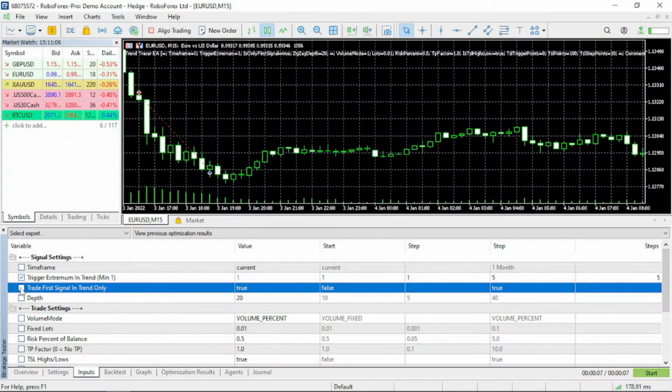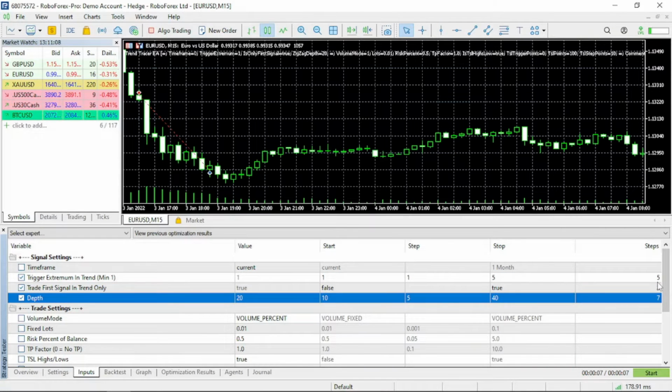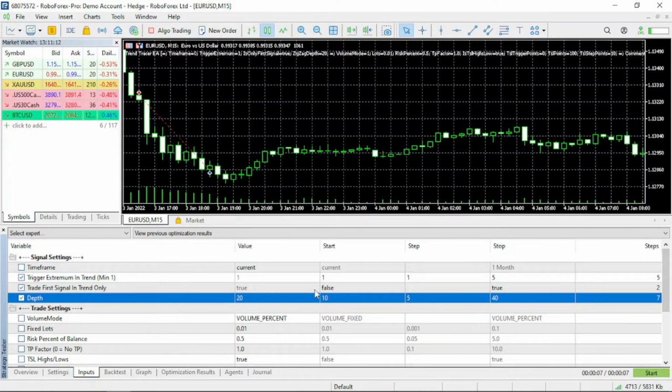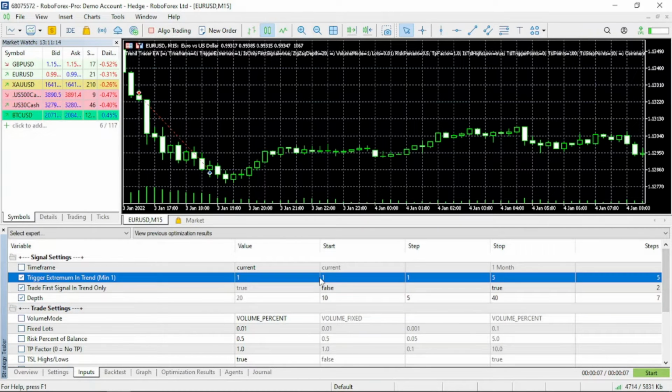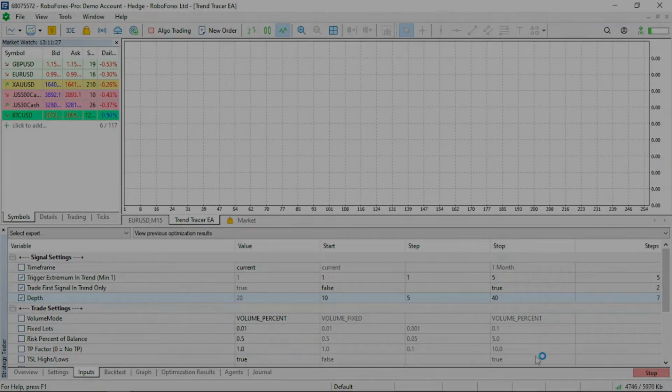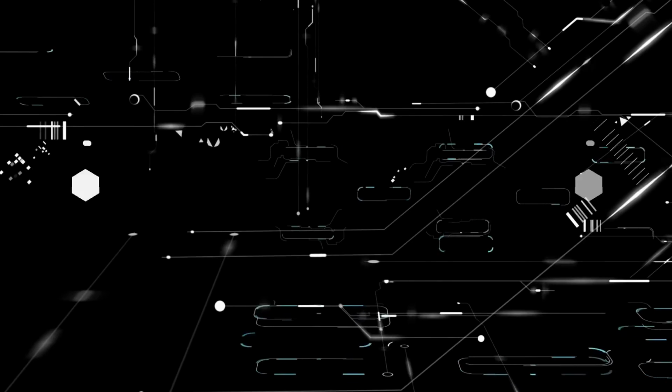Next, I am going to select the signal settings that I want to optimize. By doing this, we will run a total of 70 steps for our strategy optimization. Optimizing the trigger extremum or entry point, the trade fixed signal on the trend, and the depth of the market.